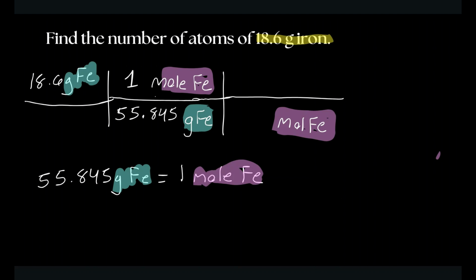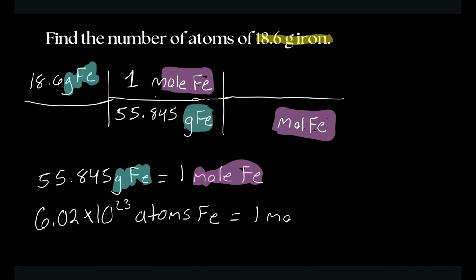Now we are going to go from our moles to our atoms. And so what we are going to use is Avogadro's number. So that 6.02 times 10 to the 23rd, in this case, it's our atoms of our Fe equal to our 1 mole of our Fe.